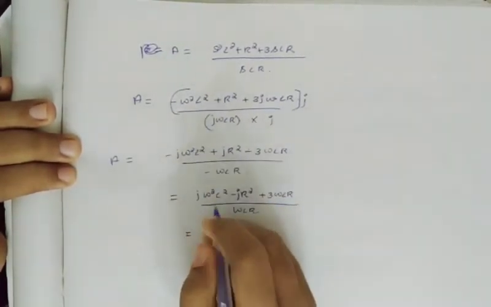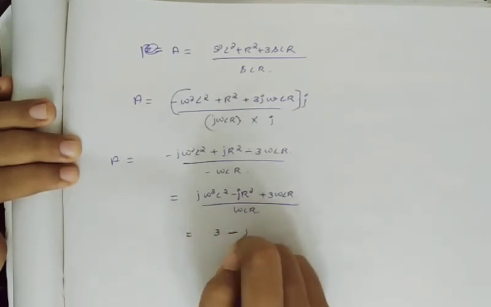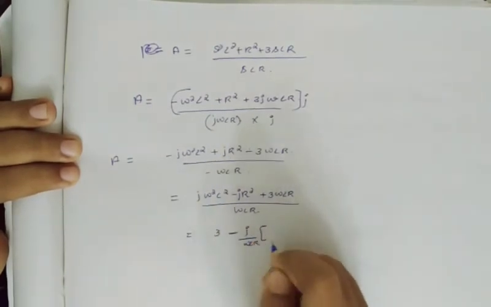Okay, I will rearrange it and write, that is 3. I will take J outside, we will get J divided by omega LR, right?